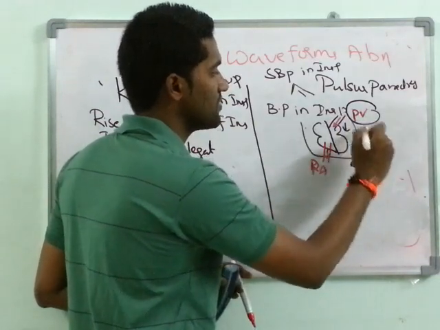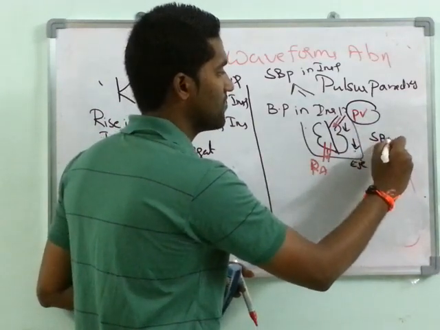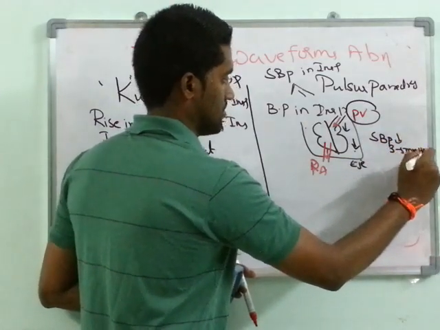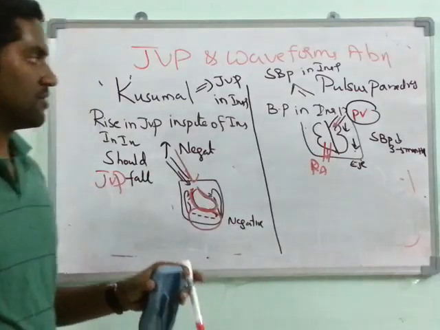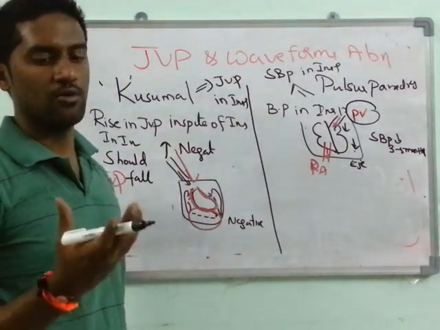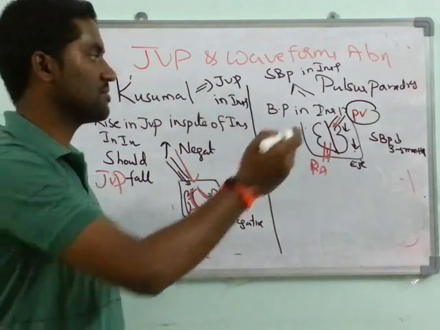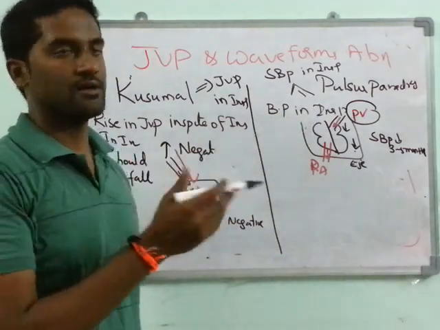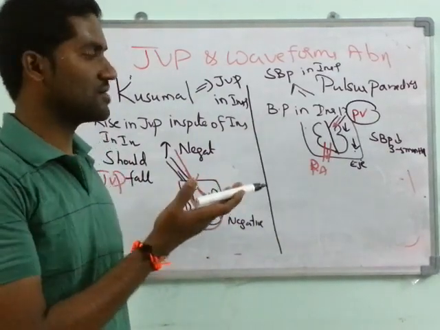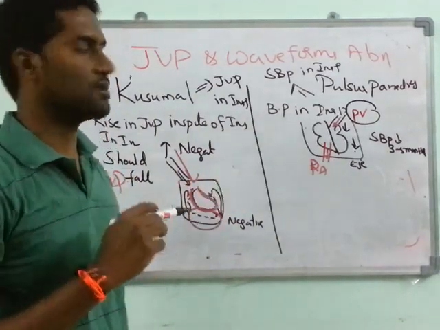So during inspiration, SBP can fall by 3 to 5 mm Hg. Why is it? Because the pulmonary circulation becomes more compliant and holds the blood, not allowing much blood into the left atrium. So less blood comes into the left ventricle, with less ejection fraction and less systolic BP.